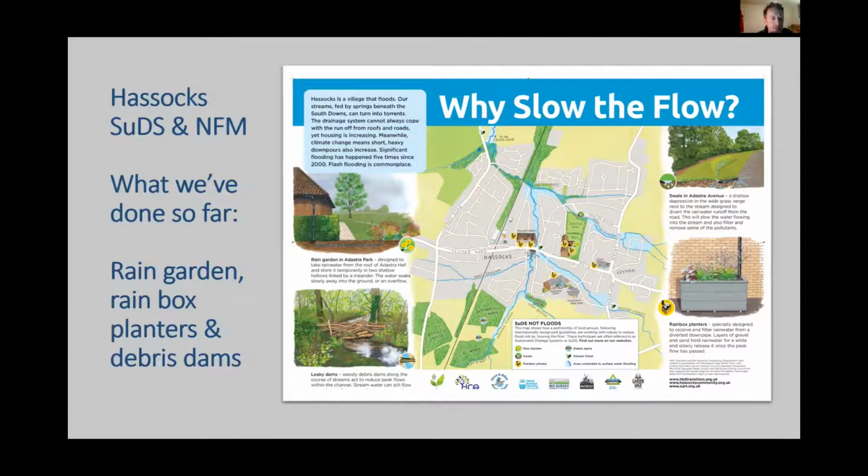So there are multiple Rainbox planters at the United Reformed Church, at Hassocks Infants School, Downlands, the Hassocks Parish Council buildings, Adastra Hall. There's the rain garden itself in Adastra Park, and I'll be talking about all of these different things in a little more detail in a second. And also the woody debris dams and natural flood management interventions in Butcher's Wood and Lagwood.